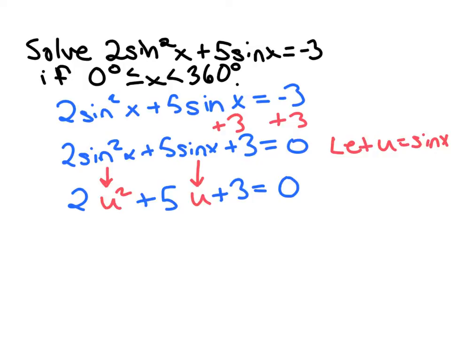And you can factor this in whatever method you prefer. I'm not going to do the more algorithmic approaches that take longer, like divide and slide or AC. I'm going to do just the good old guess and test here. So the only way to factor 2u squared, if we're going to use integers, is 2u times 1u.